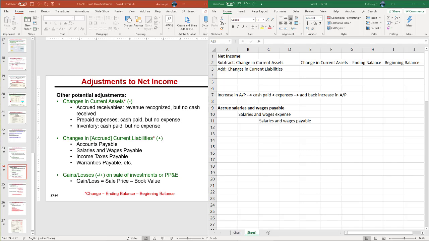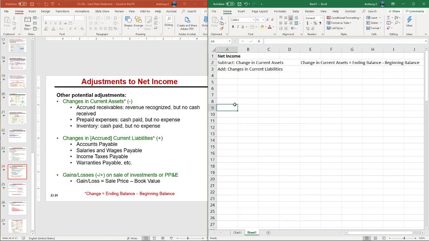The last item we'll cover here is gains or losses on the sale of investments or PP&E. So when a company sells investments or PP&E, as we saw earlier, this should be classified as an investing activity.